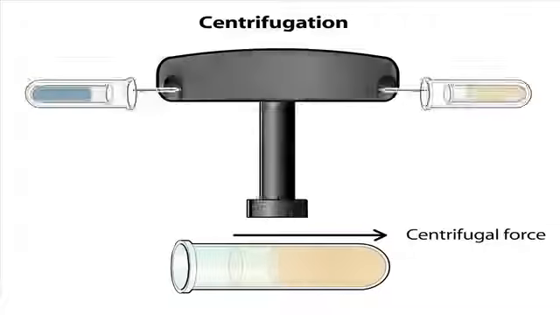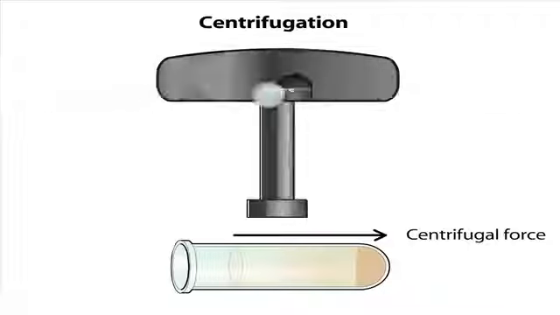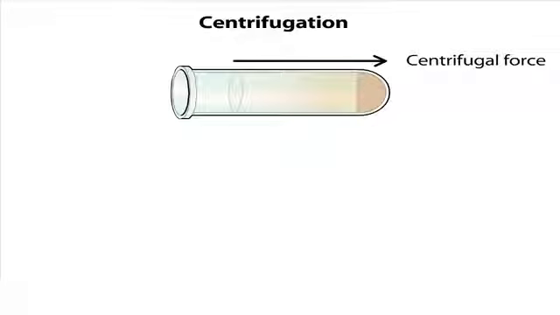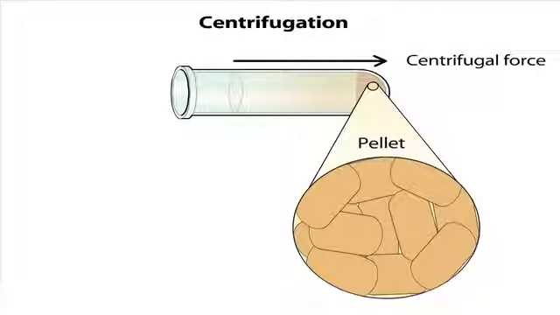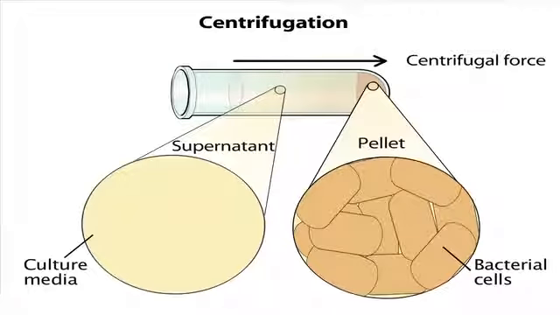During this short low-speed spin, the largest and densest materials sediment first, forming a pellet at the bottom of the tube. Here, the pellet contains primarily unbroken cells, which are our bacterial cells. The culture media has then separated and remains as a supernatant.